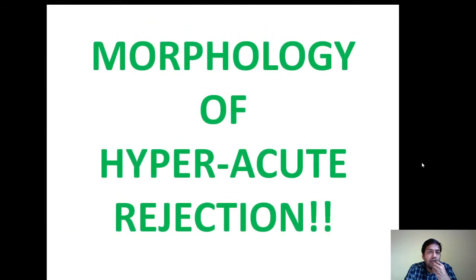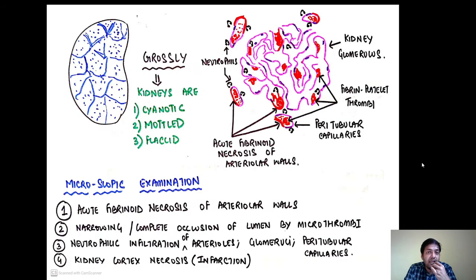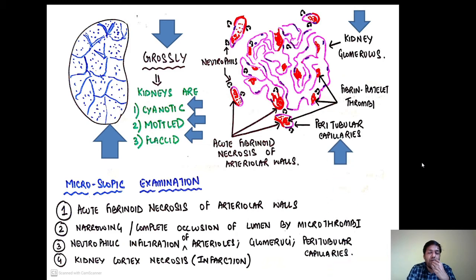Now the morphology of hyperacute rejection. If you see under the microscope and also grossly, what are you going to see? Grossly, you are going to see a kidney which is cyanotic, mottled, and flaccid. Under the microscope, this is the kidney glomerulus, and here we have peritubular capillaries.